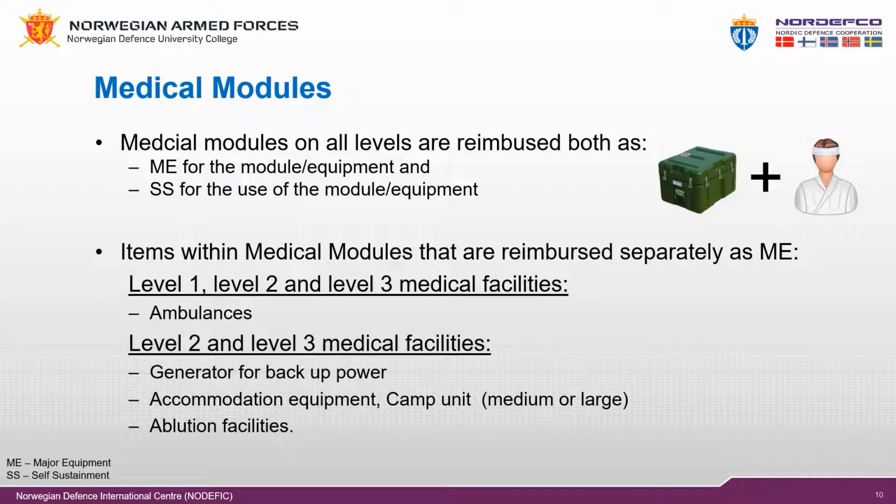Troop or police contributors that provide medical modules will be reimbursed under both major equipment and self-sustainment: major equipment reimbursement for the module or equipment, and self-sustainment reimbursement for the use of the module or the equipment.